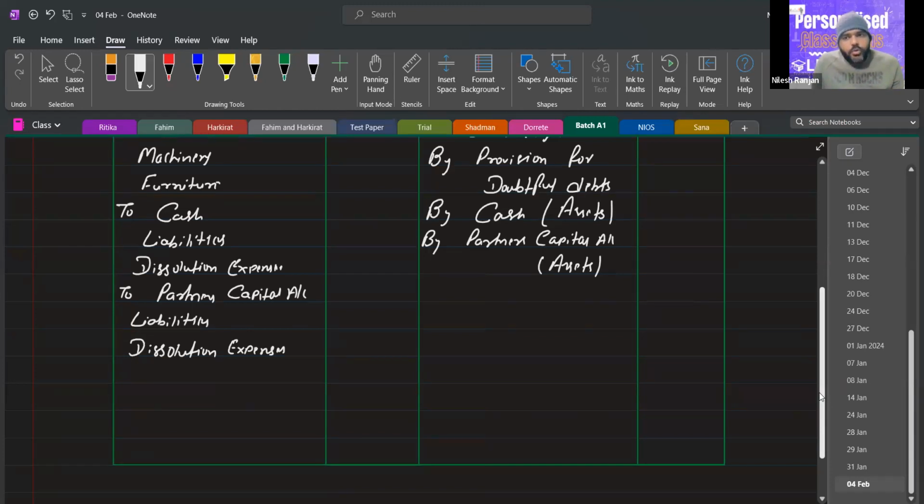And what about the transfer? Sir, I don't know. Actually, there will be no transfer entry because these are unrecorded. So there is no presentation in the balance sheet. These assets and liabilities are not presented in the balance sheet, so they cannot be transferred to realization.